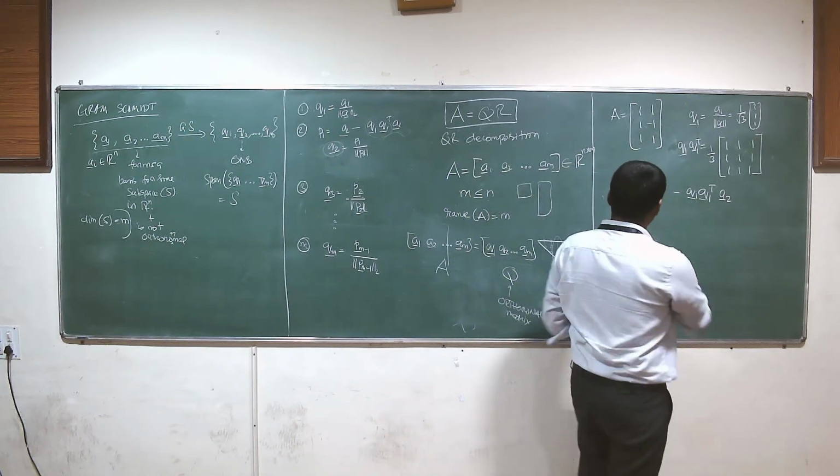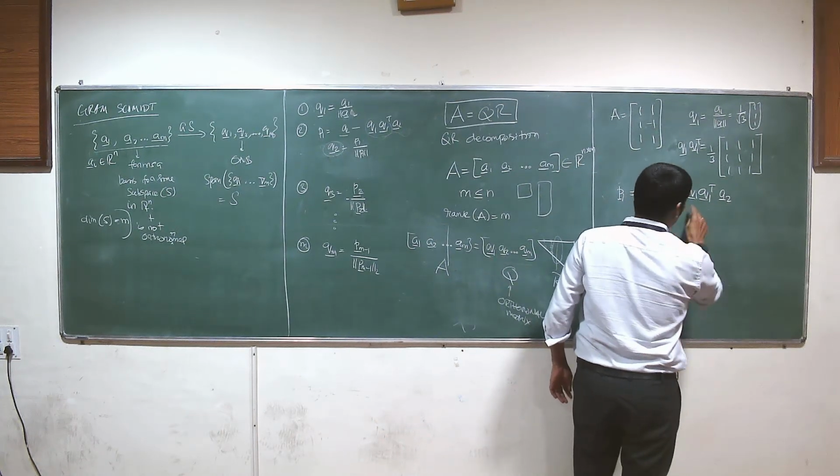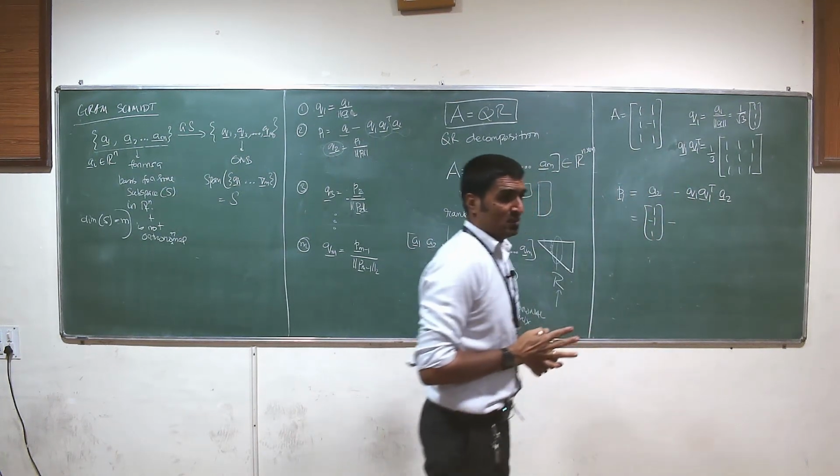Tell me this first. We know what A2 is. A2 is 1, minus 1, 1. Tell me what you get when you compute this.